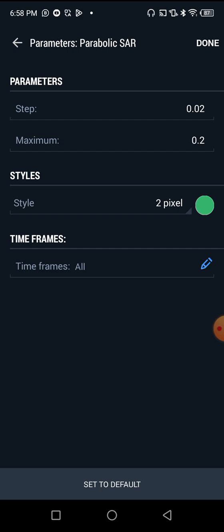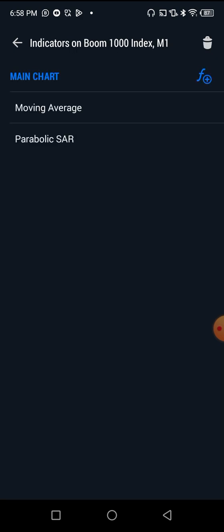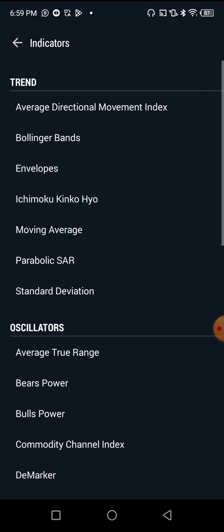Default settings guys, I did not change anything. You will leave everything the way it is, then you will click done.